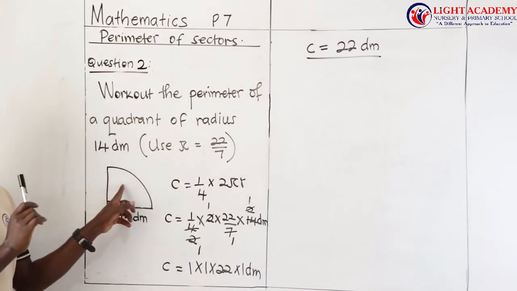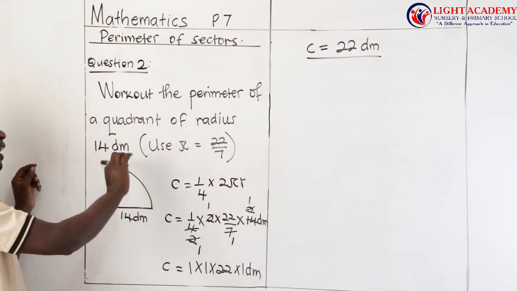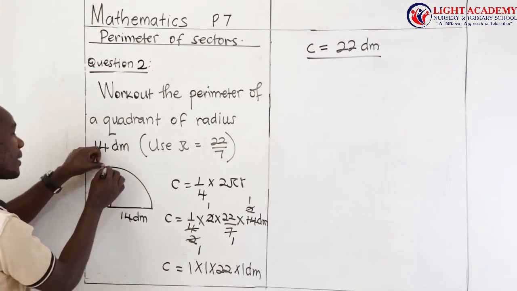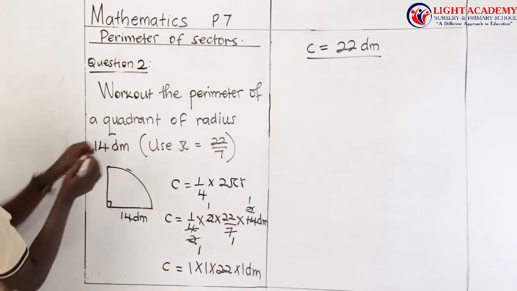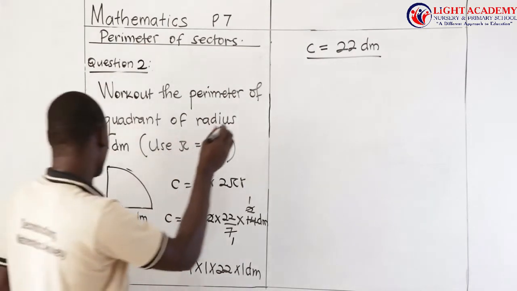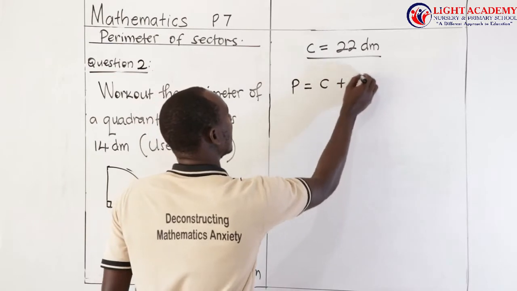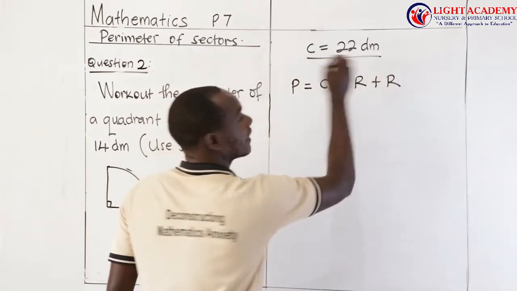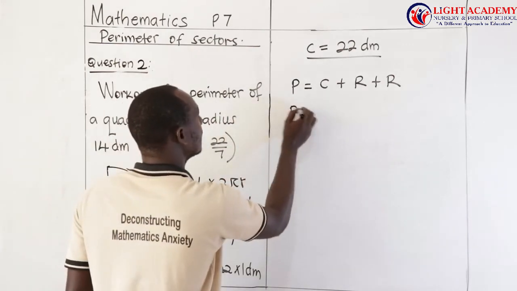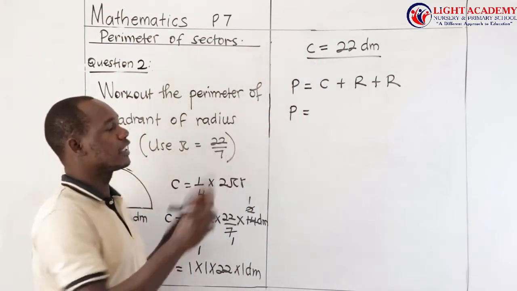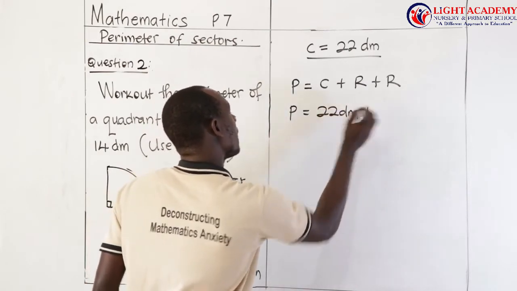But we have not got the perimeter yet. How do I get the distance around this figure? I add the circumference plus the radii in order to move around the figure. So our perimeter equals the circumference, which we already got to be 22 decimeters, plus the radius.